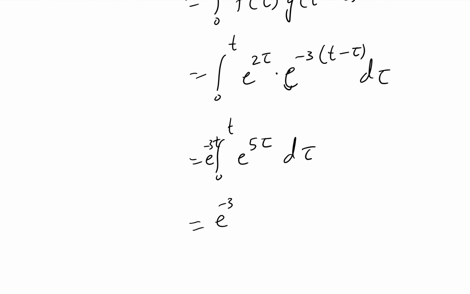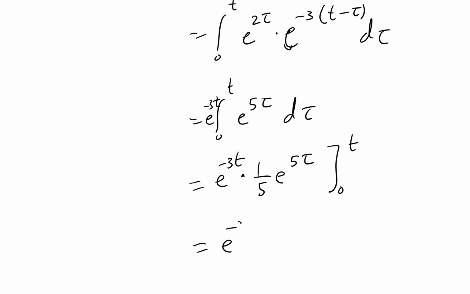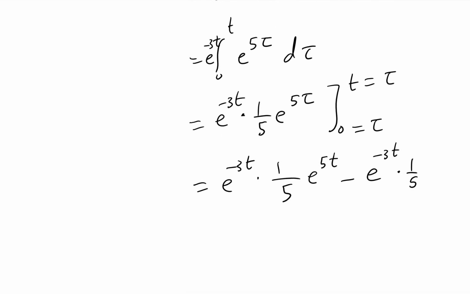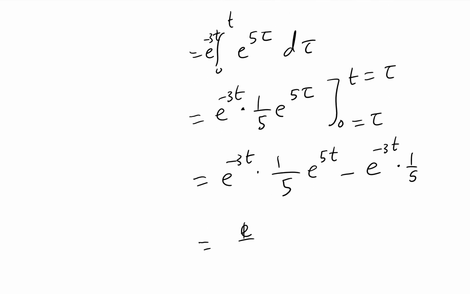So e^(negative 3t) times 1/5 e^(5 tau), the integration from 0 to t. If we substitute that in, we get e^(negative 3t) times 1/5 (e^(5t) minus e^0), and e to the 0 is 1. You can factor, if you like, e^(negative 3t)/5 out. That will leave e^(5t) minus 1.